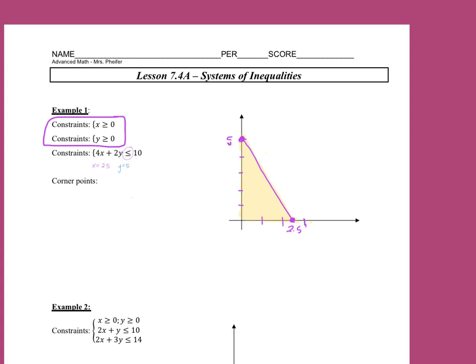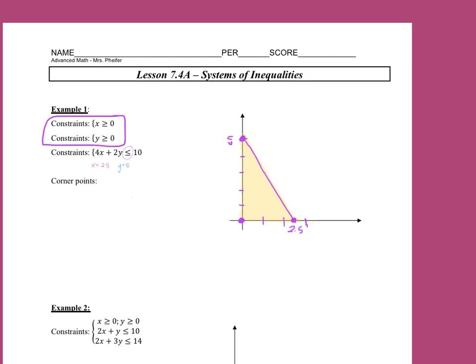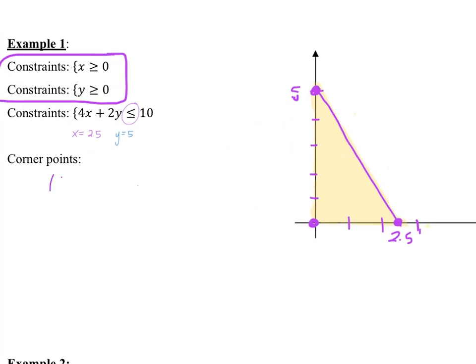Your solutions are going to be shapes that are shaded in. It's going to be important for you to recognize what the corner points are. This triangle has 3 corners, and so you would list the corner points like this. You would say 0, 0 is a corner point. You would say 2.5, comma 0, which is the corner point that lives on the x-axis.